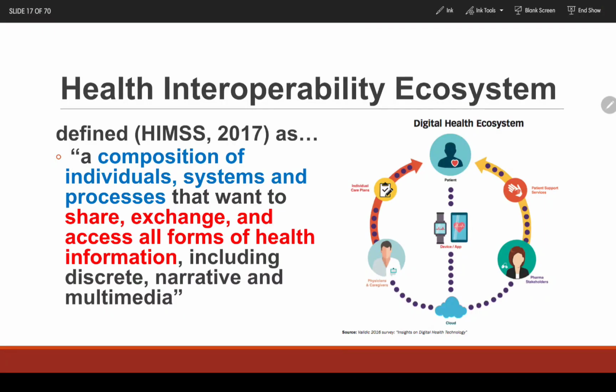For the health interoperability ecosystem, according to HIMSS, the Healthcare Information and Management Systems Society, it is a composition of individuals, systems, and processes that want to share, exchange, and access all forms of health information, including discrete, meaning individually separate and distinct, narrative, and multimedia.